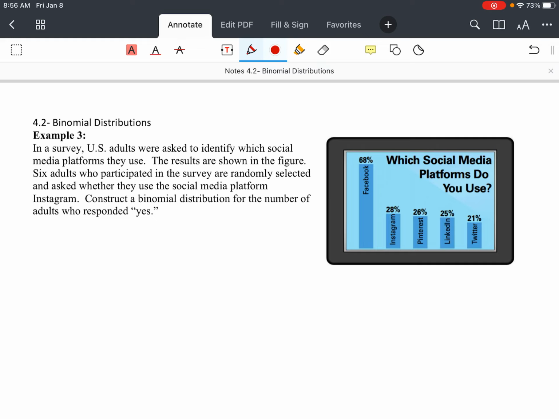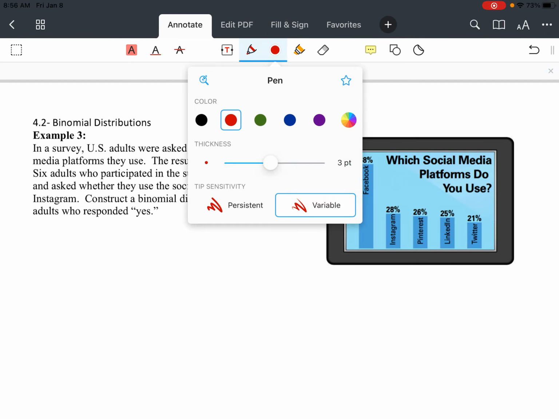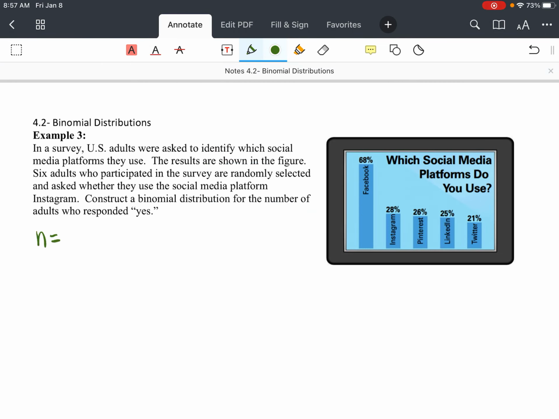So again, we need to ask ourselves, is it a binomial experiment? And yes, it is. So let's go ahead and pick out the parts that we need. We need to know n. n would be the number of people that we're choosing from. We're picking 6 people, so n is 6.